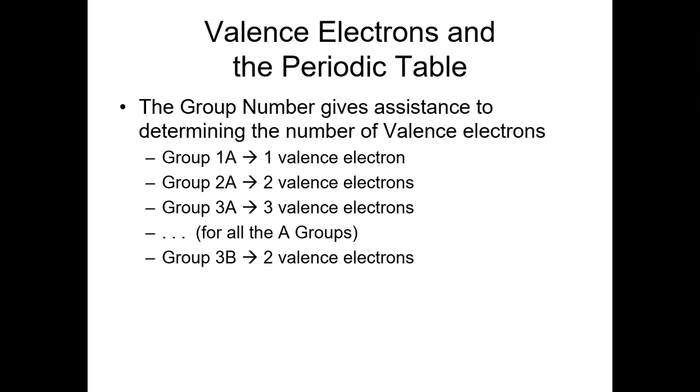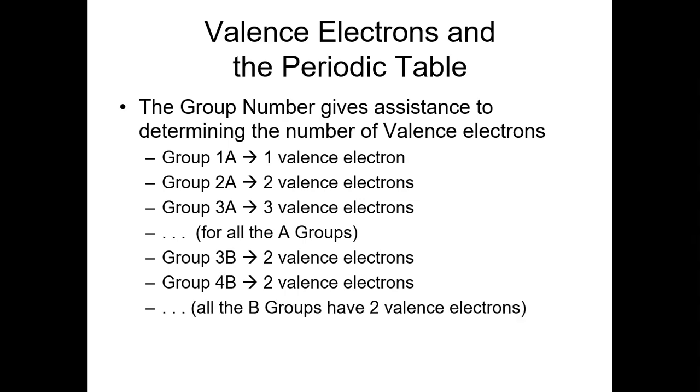So 3B has 2, 4B has 2, 5B has 2, 6B has 2, 7B has 2, all the 8Bs have 2, 1B has 2, and 2B has 2 also. So everything in that middle, the transition elements, they all have 2 valence electrons.